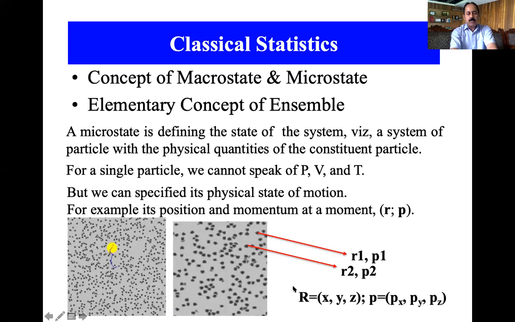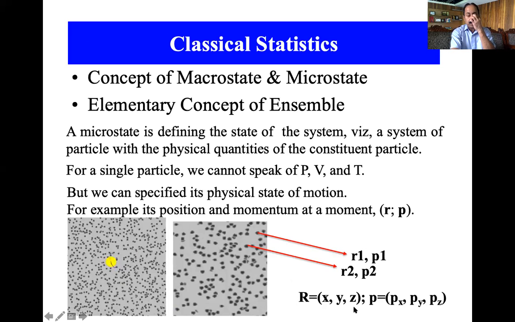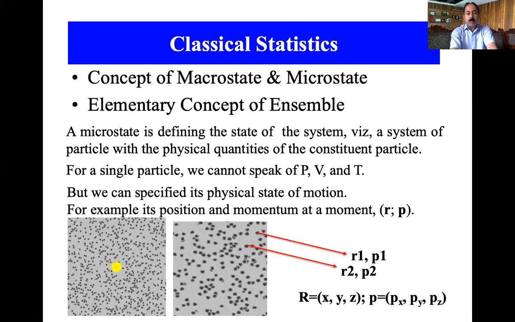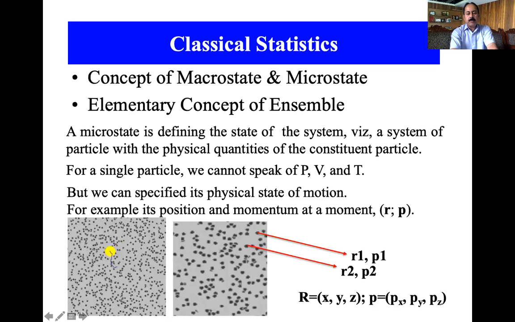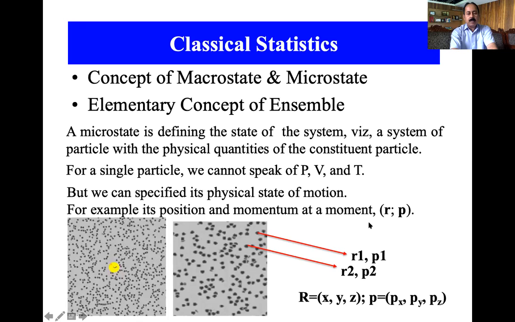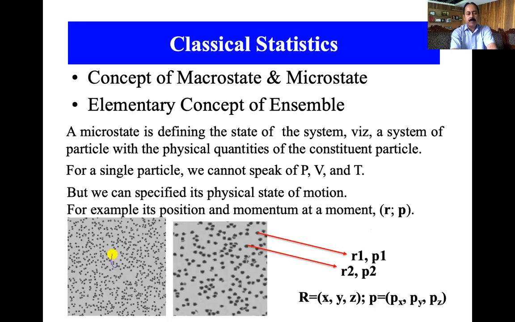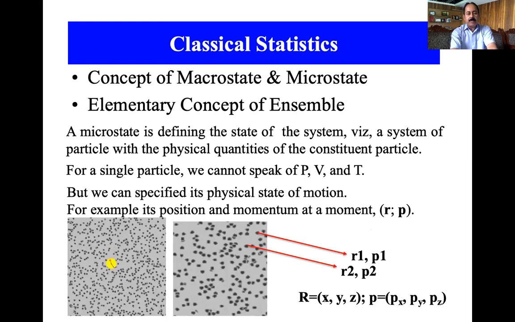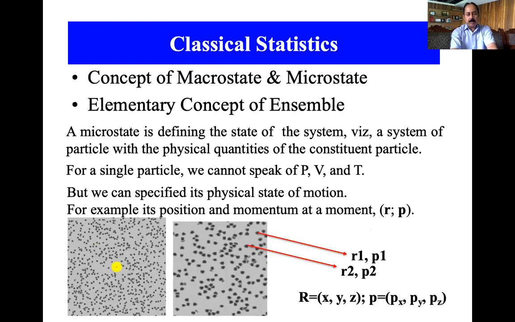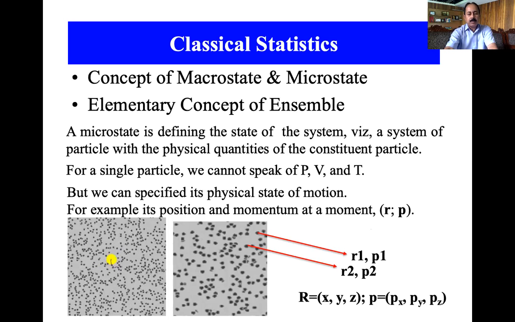Obviously, the position vector has three components X, Y, Z, and the momentum has three components Px, Py, Pz. So these two parameters, position and momentum at a particular time, can be used to address a single particle.